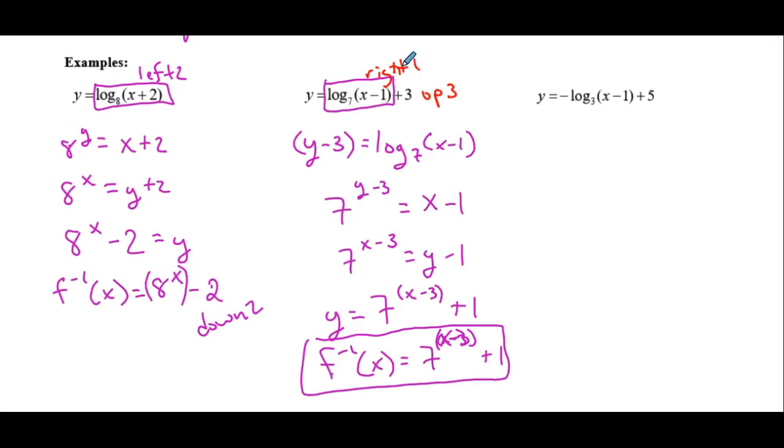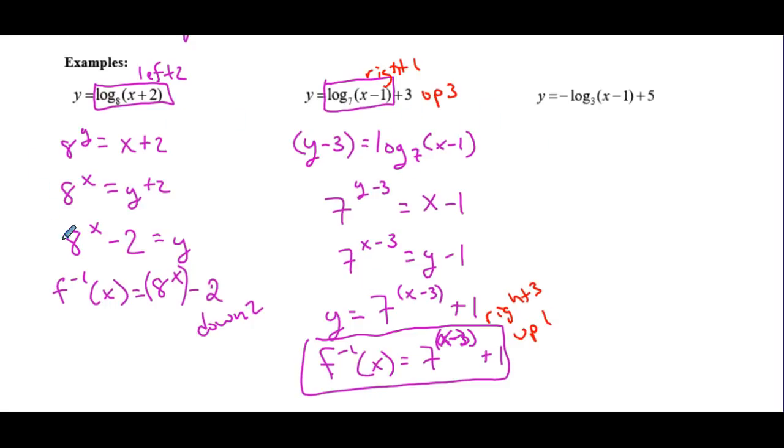Right 1 is a positive move, and its corresponding positive move is up 1. Up 3 is a positive vertical move, so its inverse would be right 3. So you see how the vertical became the horizontal became the vertical, right? That's the essence of an inverse, all right?